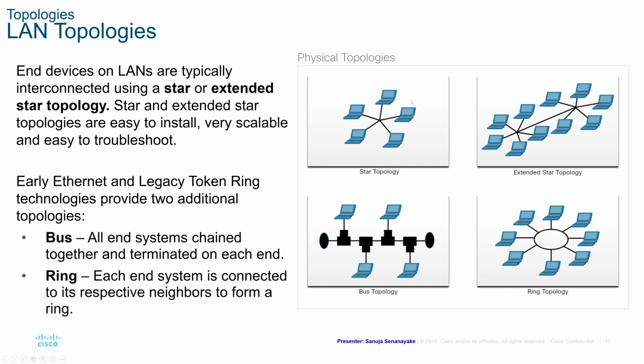So know how to identify them on a diagram, and know that the bus and ring are legacy topologies, while the star and extended star topologies are being used even in modern day.